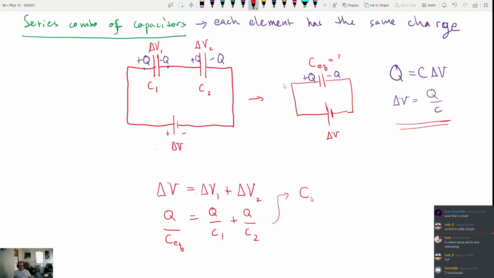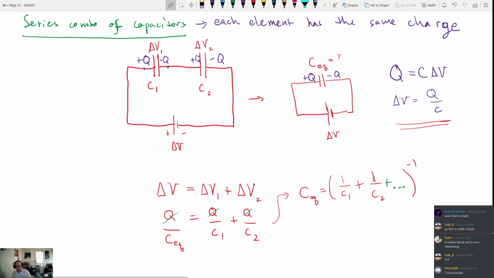Then we can rewrite this like this. That is the equivalent capacitance that we're going to get because all these charges are going to cancel. And in general, if I have a system where I have like 3, 4, 5 capacitors that are all connected like this, then I just keep adding up the inverses and then take the inverse.